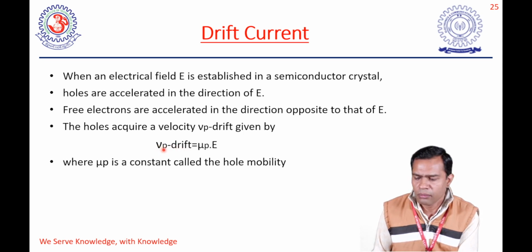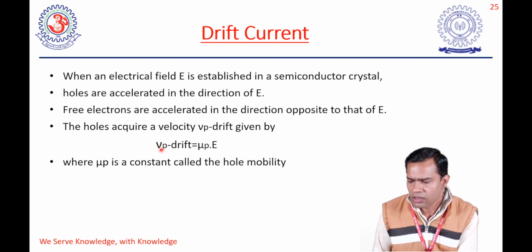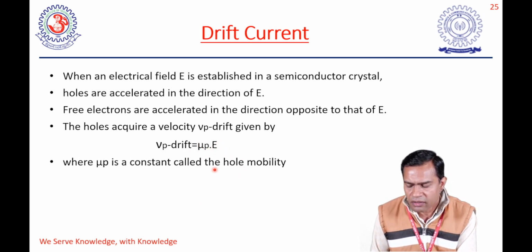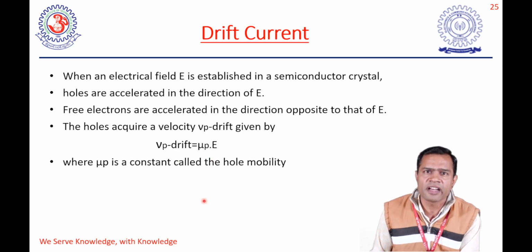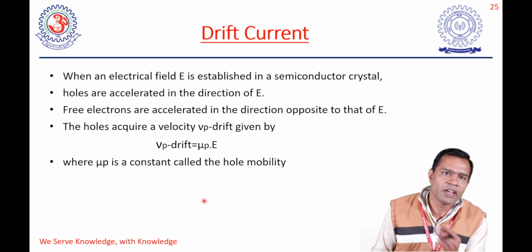Vp means drift velocity of holes. It is given by, this is very important, mu p, which means mobility of the holes, multiplied by the electric field. This is a very, very important formula to find the drift velocity of the carrier.